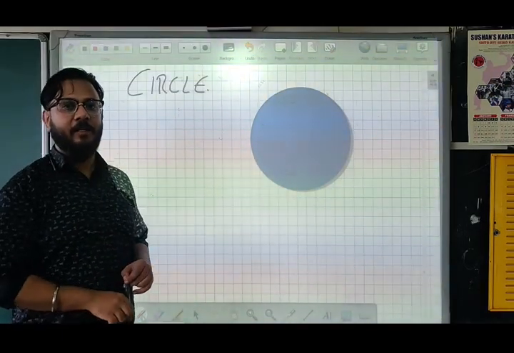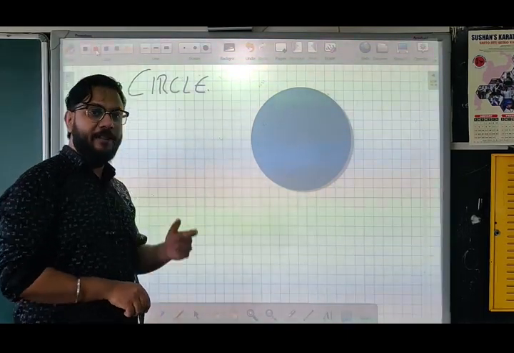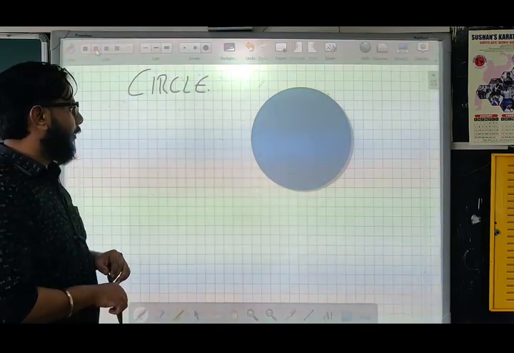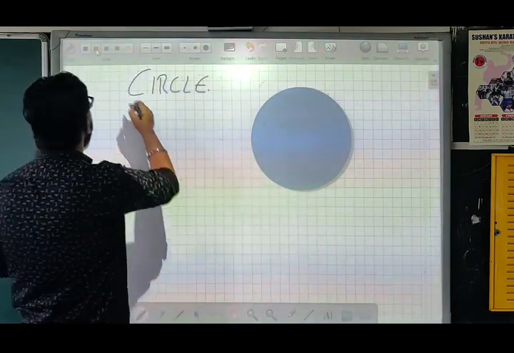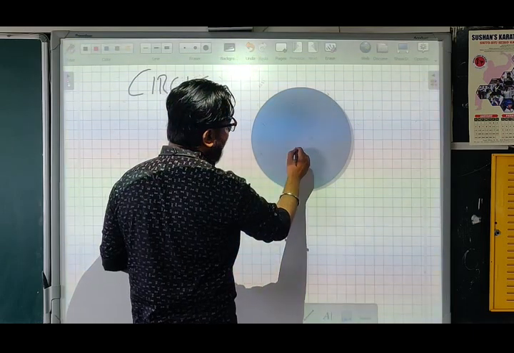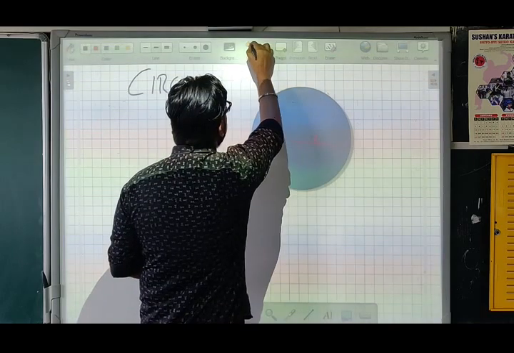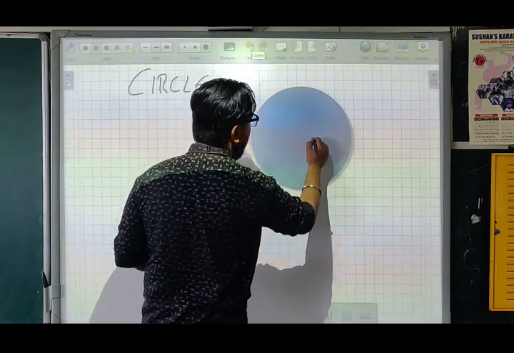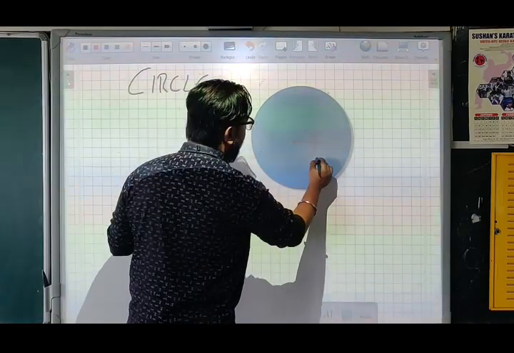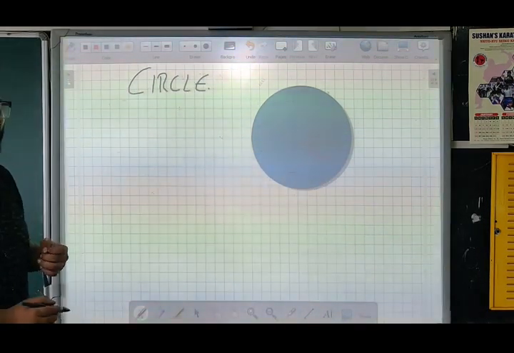Now let's find the area of a circle. We talked about the formula for the area of a circle, which is pi r square. We need to find the radius, that is r. Radius is the distance from the center to the edge. Let's say r is 7 centimeter.